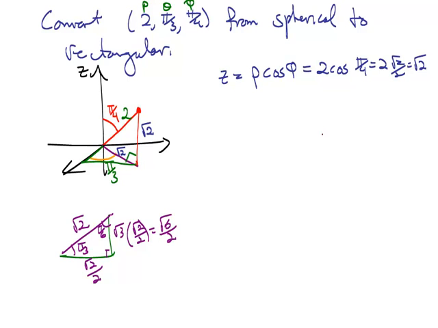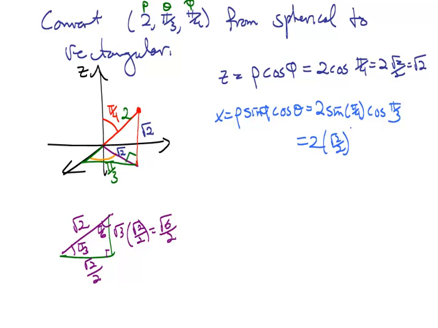Now we can use the formulas to figure these out as well. X is rho sine phi cosine theta. That's 2 times the sine of pi over 4 times the cosine of theta. What's theta? Pi over 3. That's 2 times the square root of 2 over 2 times the cosine of pi over 3, which is a half.